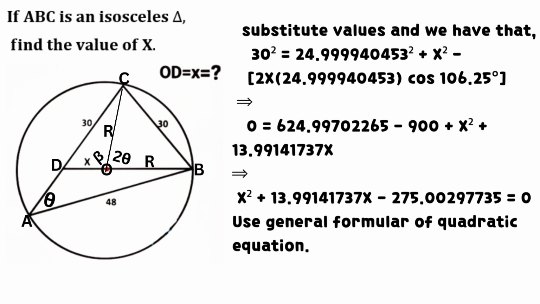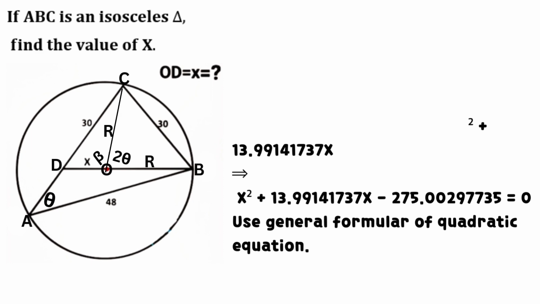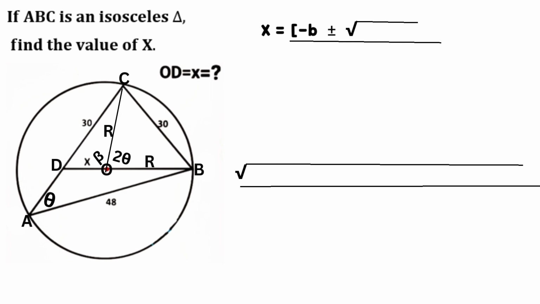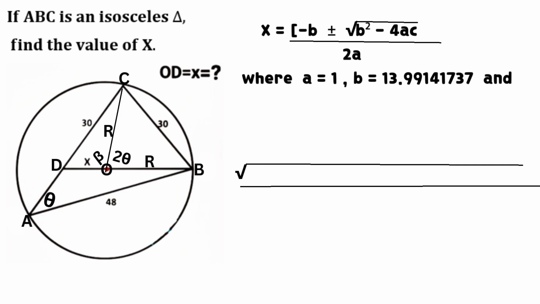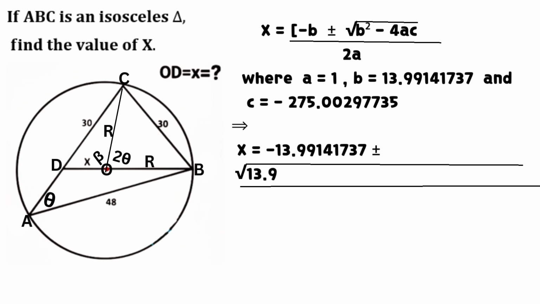Use the general formula of the quadratic equation. x equals negative b plus or minus the square root of the square of b minus 4 times the product of a and c, all divided by 2 times a.